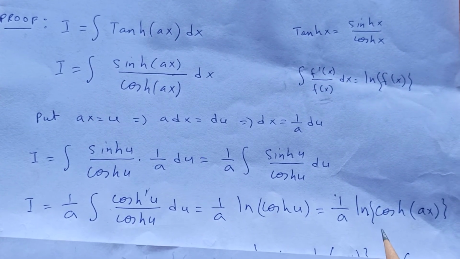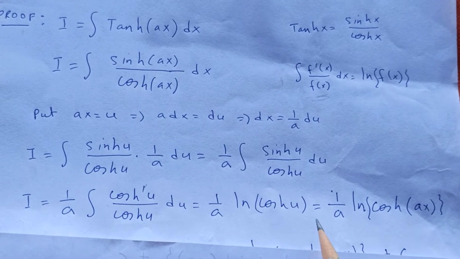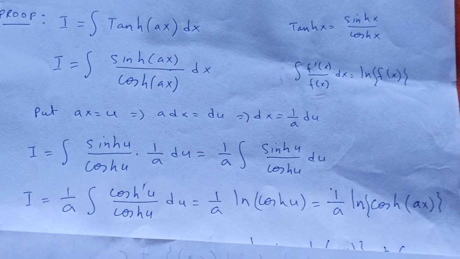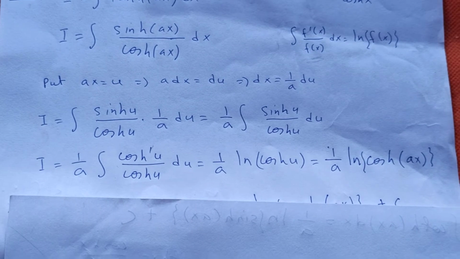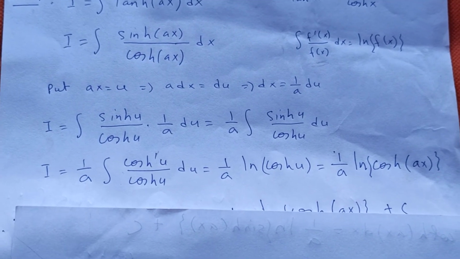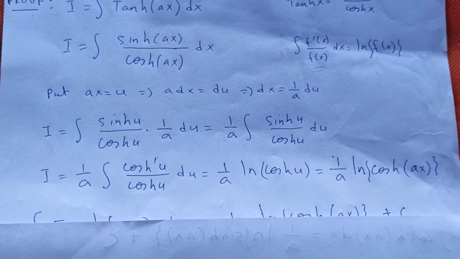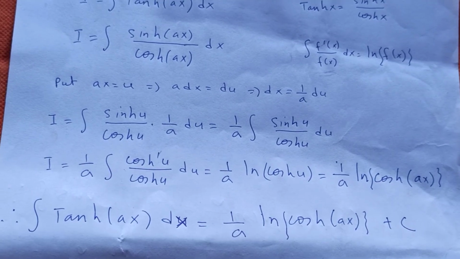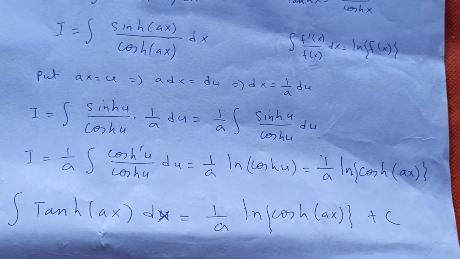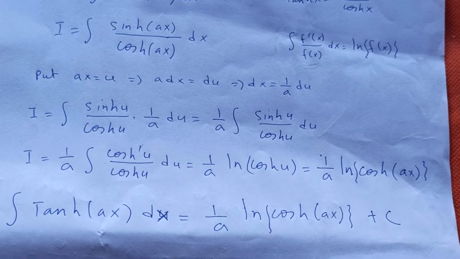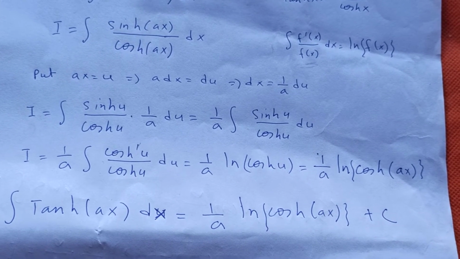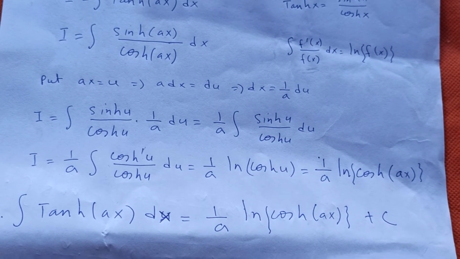So 1 upon a natural log of cos hyperbolic of ax. So this is what we had to prove: the integral of tan hyperbolic of ax dx is nothing but 1 upon a natural log of cos hyperbolic of ax plus c.